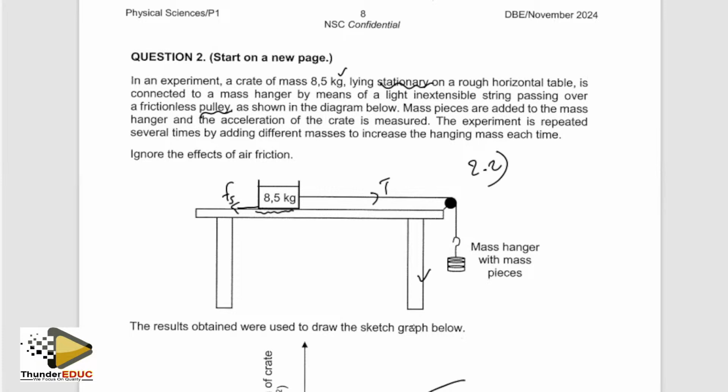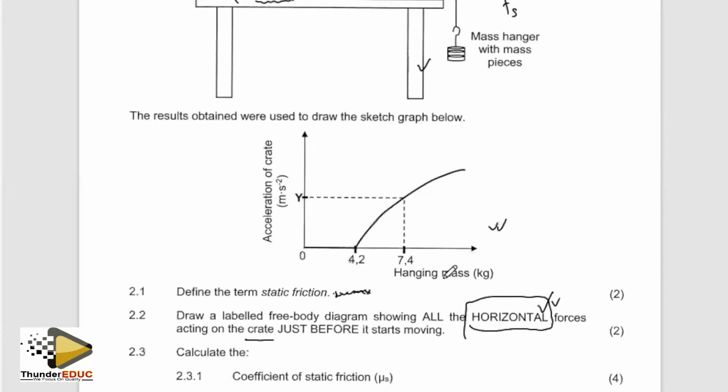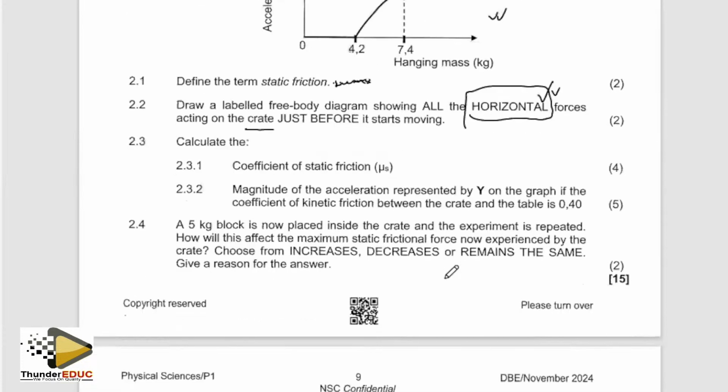That's why there's going to be no motion initially. So this is tension, let's call it T. And then in this direction, we shall have our Fs. I'll not call it Fk, it's Fs, which is the static friction force.